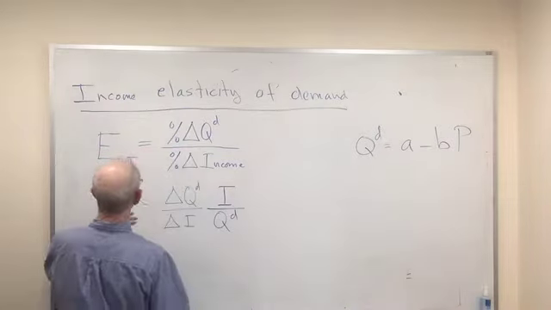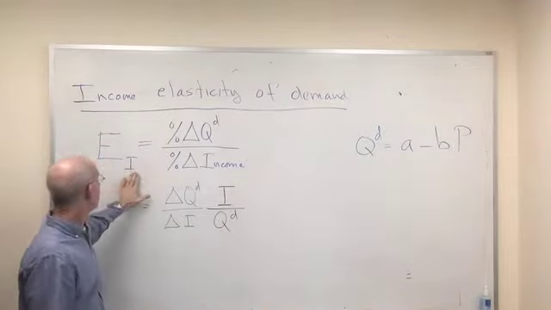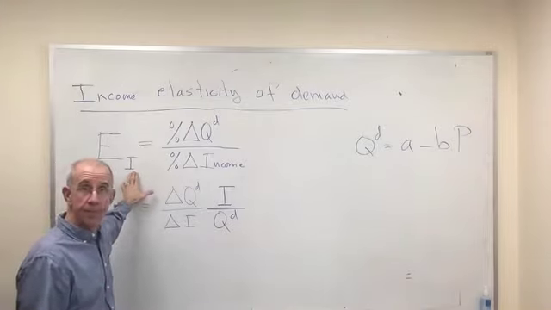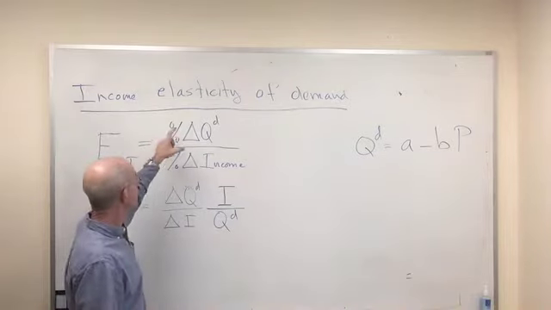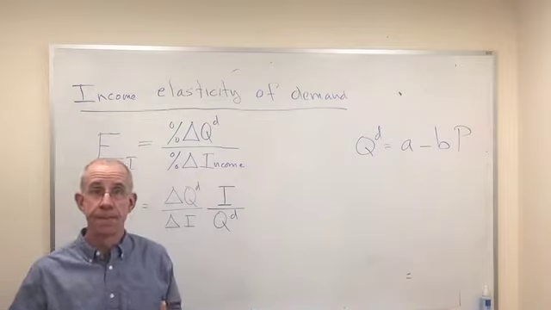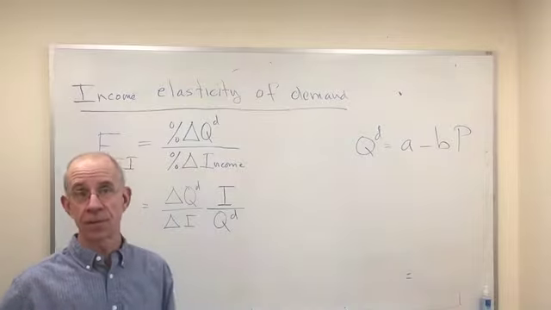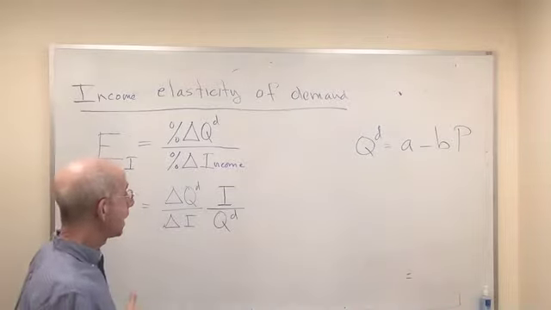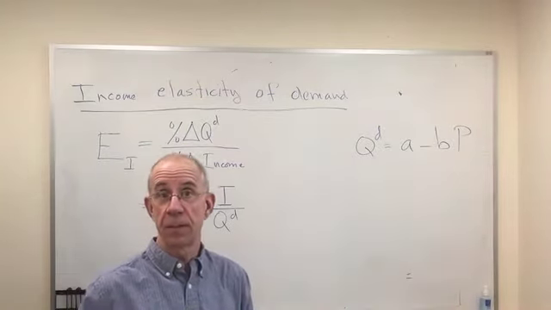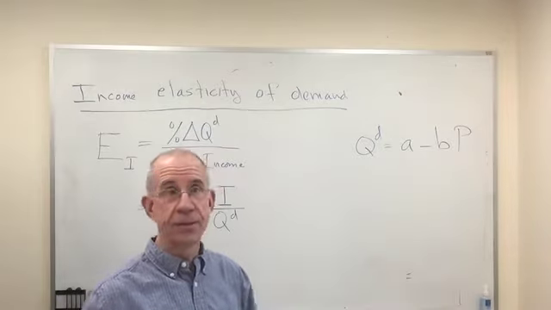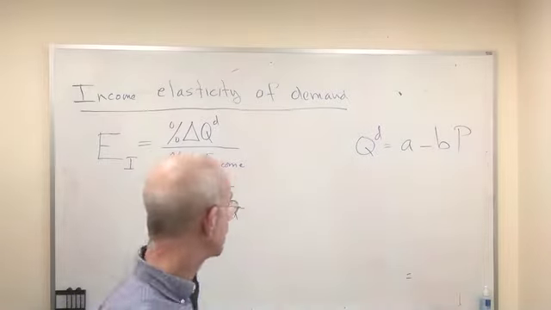The particular way that we depict that, we call E_I the elasticity with respect to income, and that's just notation, but we depict that as equal to the percentage change in the quantity demanded divided by the percentage change in the income of the consumer. And how someone reacts to that is very much a reflection of the particular desires, tastes, even level of income that we might be addressing.